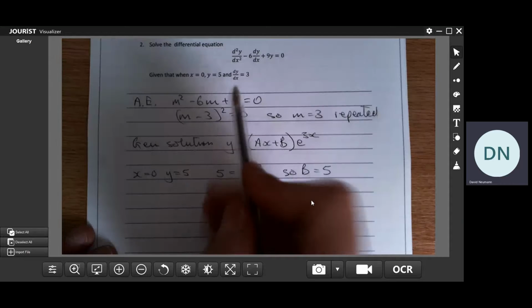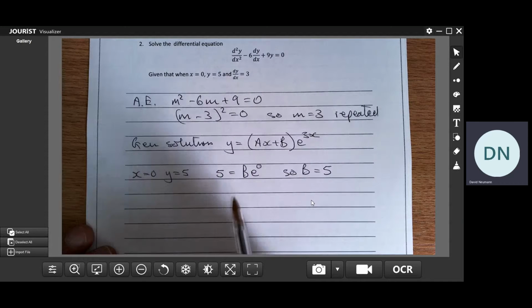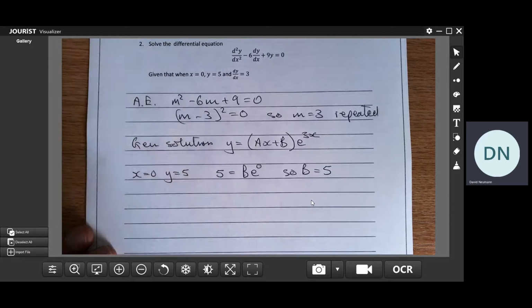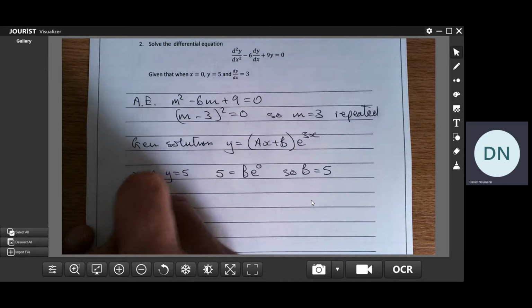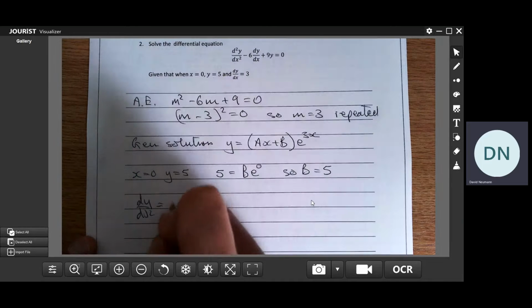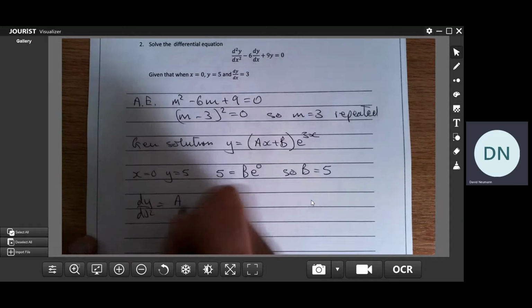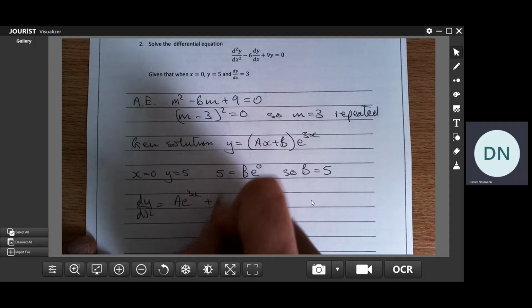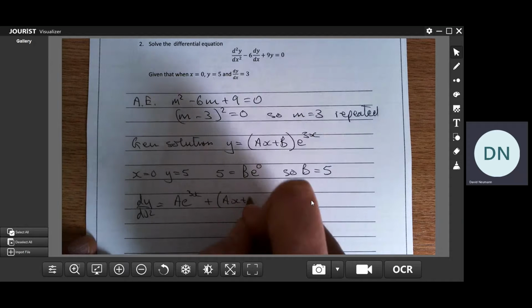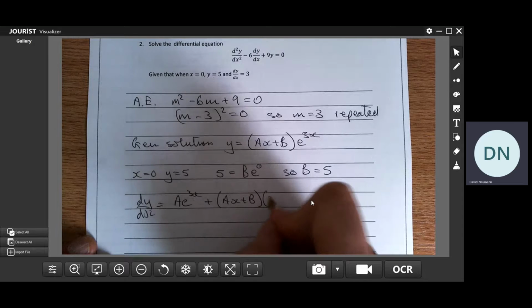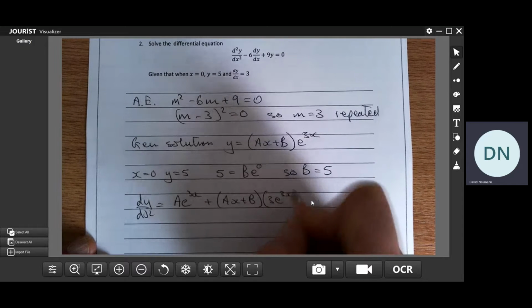To use the second value, dy by dx equals 3, we need to differentiate this. So we're going to say dy by dx is equal to, differentiate that bracket, that's going to be a times e to the 3x plus (ax plus b) times, differentiate the e to the 3x is 3e to the 3x.